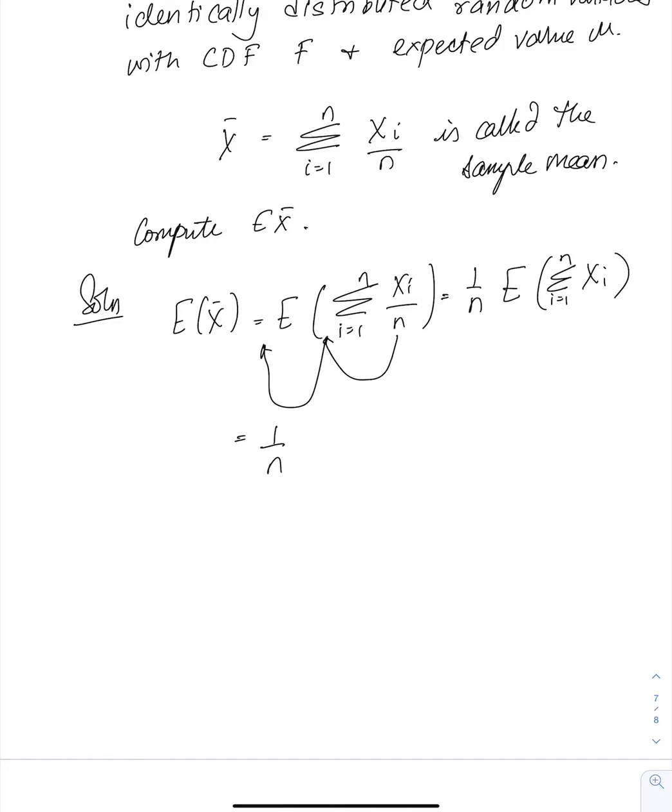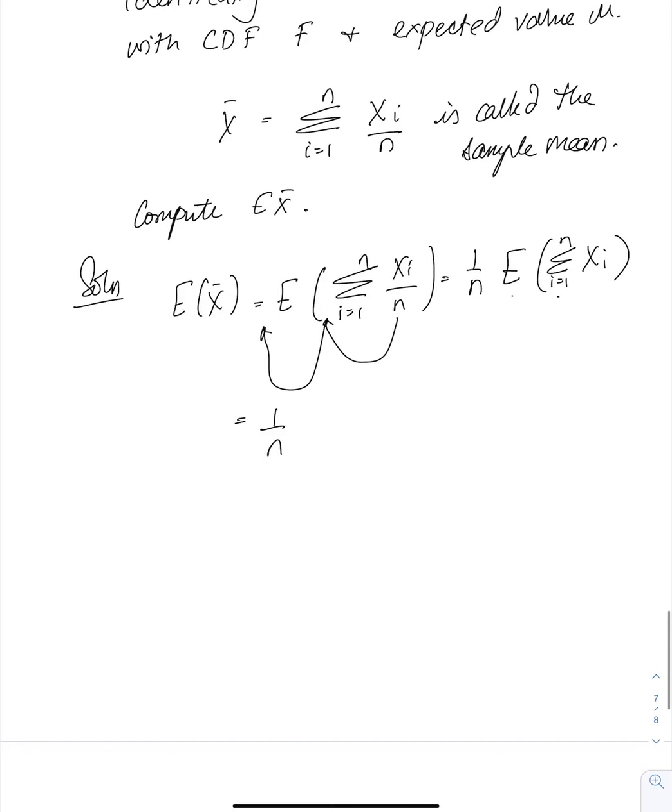Now what can you do with this? The expected value of a sum, we just saw the expected value of a sum of two random variables, x plus y. That's the expected value of x plus the expected value of y. Well, in the exact same way, over here it's just n different random variables that are independent, and they have the same distribution.